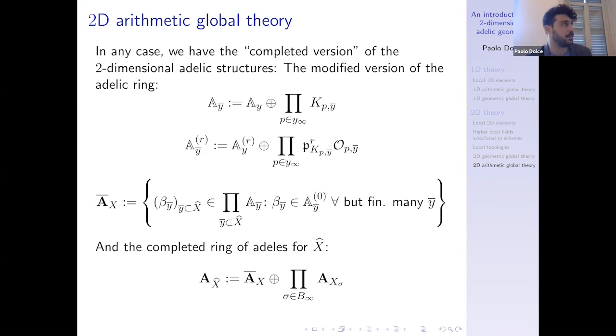And again, this group is very far from being locally compact. In general, it's not possible to define a measure here, even an extended measure. And this is why Fesenko introduced the notion of analytical adeles, because here it's impossible to carry out functional analysis. Let's say that this space is too big.